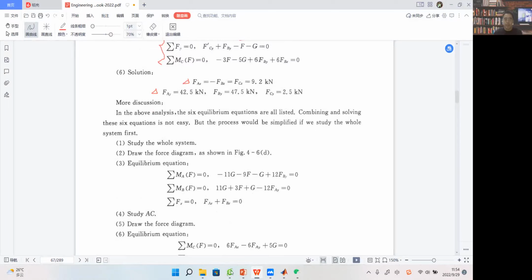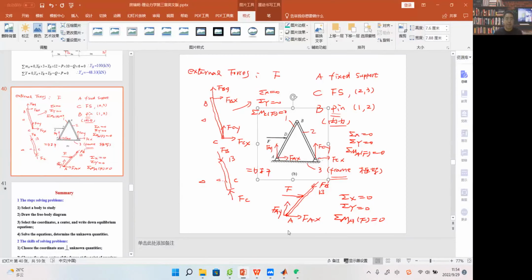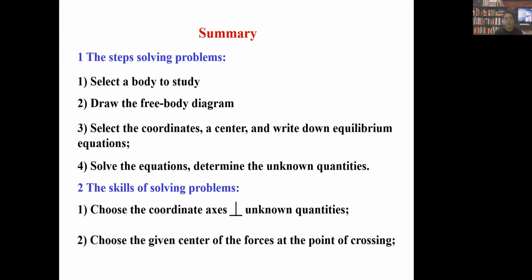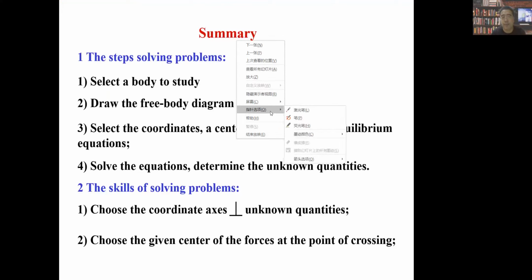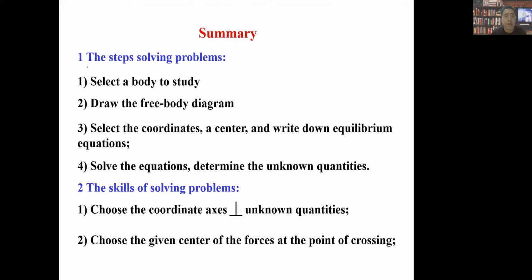So let us go back to the slide. Let us do a very brief summary of today's content. We should pay attention to the steps for solving problems. Step one, we should select the body to study, right?